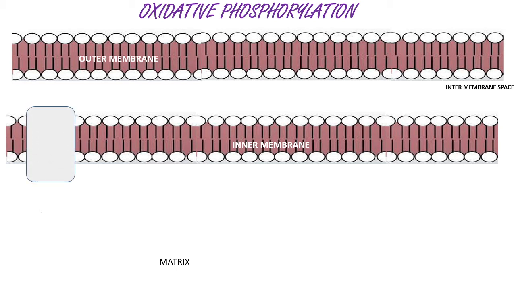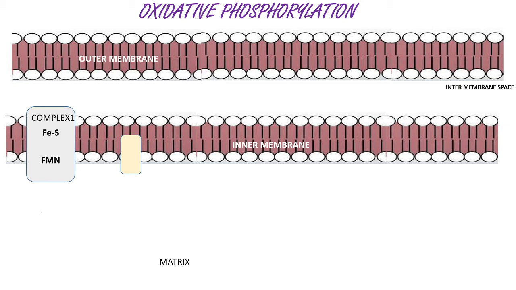We have complex 1, also known as NADH dehydrogenase. It contains one molecule of flavin mononucleotide and at least 6 iron sulfur clusters. Then we have complex 2. We call it succinate coenzyme Q reductase or succinate dehydrogenase.